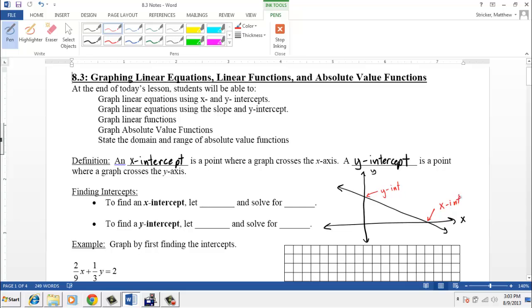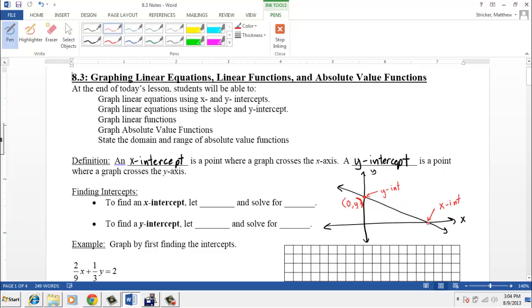And what we can always notice about first the y-intercept is that since this point right here is on the y-axis, the x value there is always 0. So this point is going to look like (0, some y coordinate).